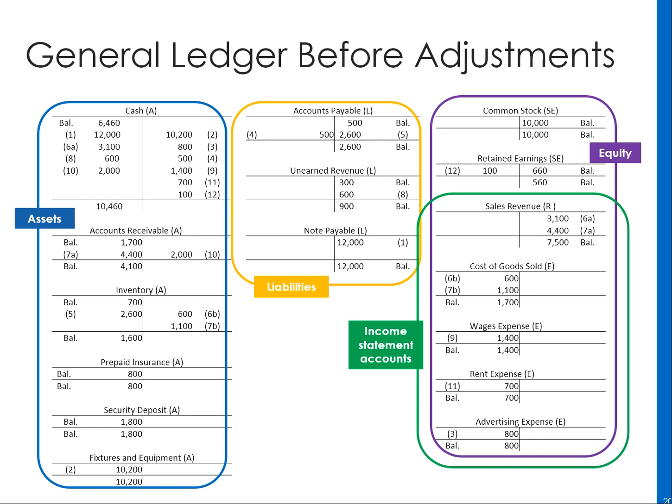So after we have recorded all the journals, we're going to have the general ledger before adjustment. Before the adjustment, we're going to have all the assets, liabilities, equities, and revenue and expense accounts. All of these numbers are updated by the end of the period, but before adjustment.